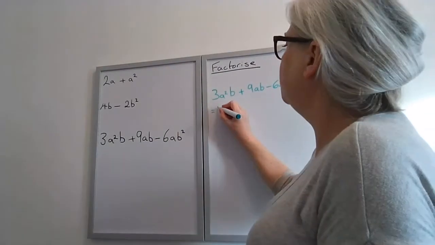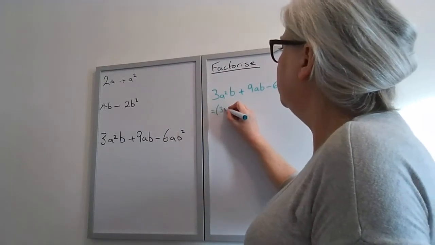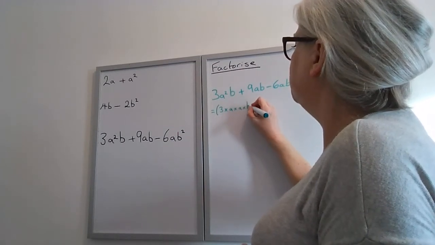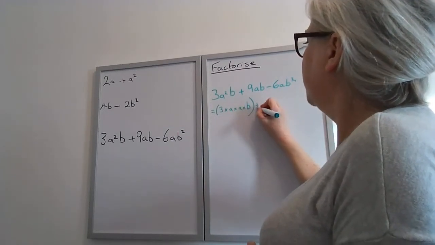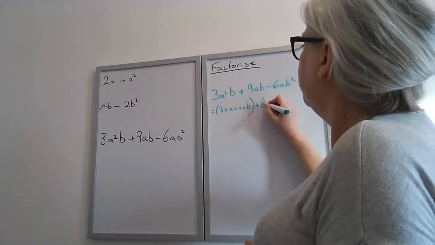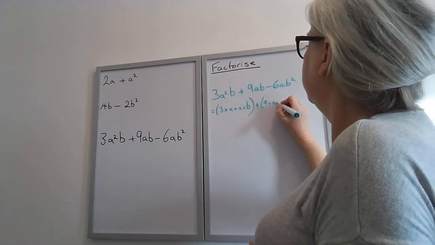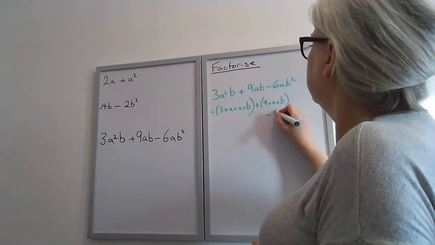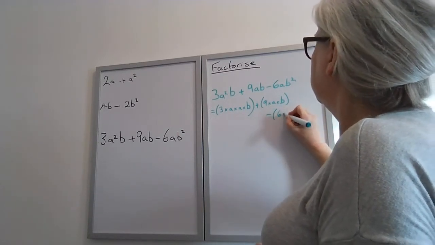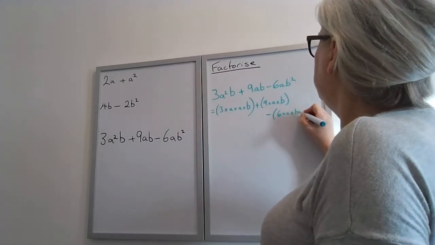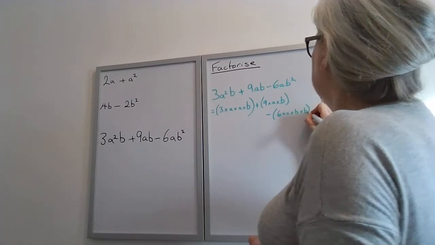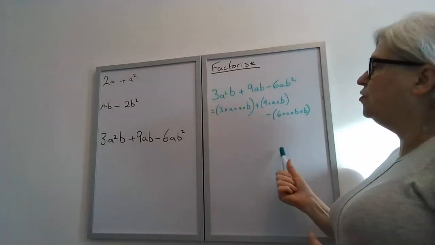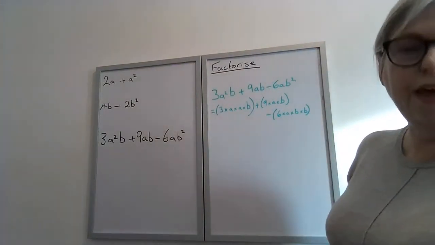So that equals 3 times a times a times b, add 9 times a times b, subtract 6 times a times b times b.